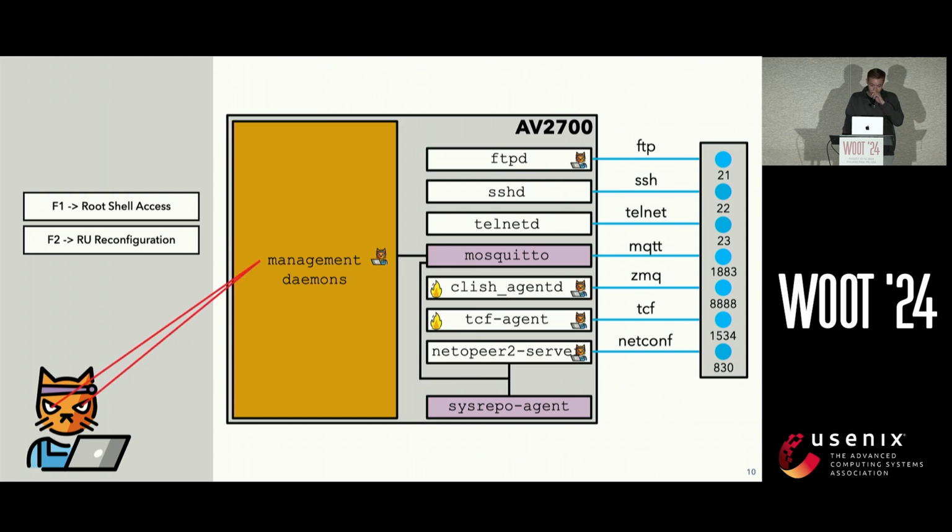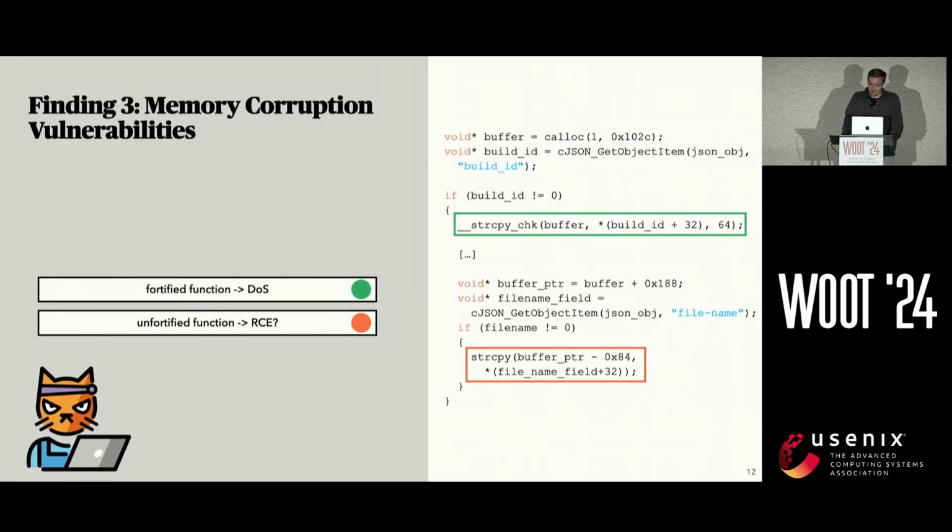Now, as I promised, the mosquito exposes the management daemons, and we closely looked at these. We found that most of them are probably written in C, and they had a lot of memory corruption vulnerabilities. I'm not sure how well you can read the code, but the important part is that there are fortified functions as well as unfortified functions in use.